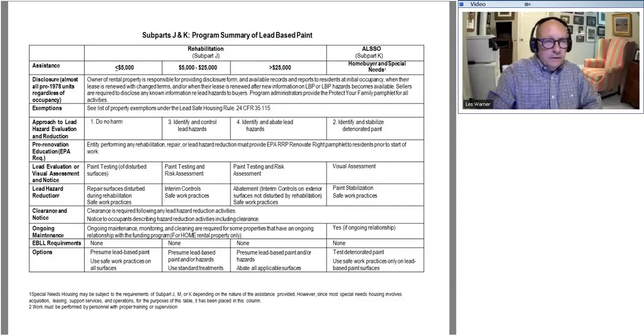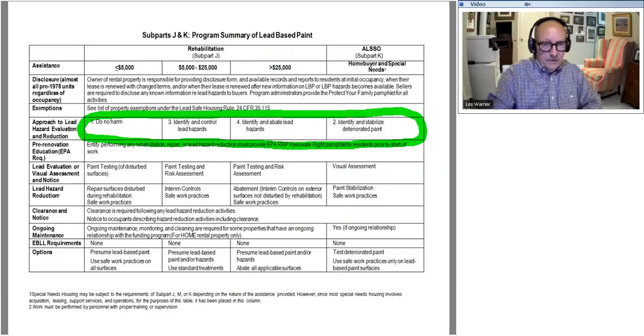We've been talking about the level of evaluation that needs to be done on these. And so we're going to be talking in this section about those next steps. We've already talked about calculating that level of assistance, which is part of the determining factor on that level of evaluation.